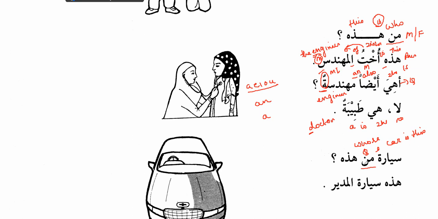Hadhihi sayyara, and we will go straight to lam. Hadhihi, this is. Now what will be the translation of sayyaratul mudiri? Any guesses? Yes, this is marifa construction, so you will put this is the car of the principal.